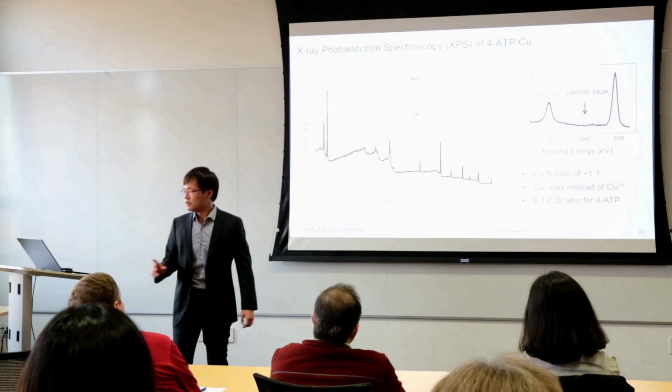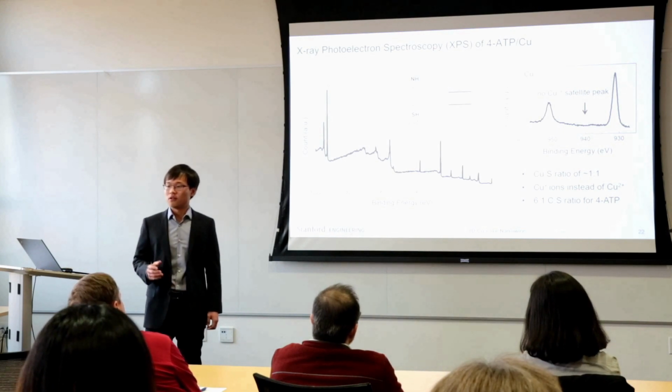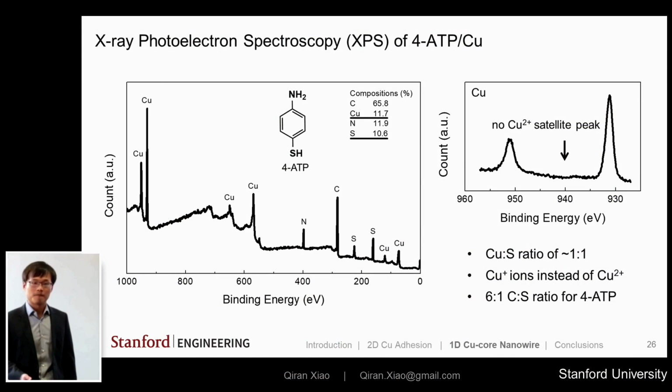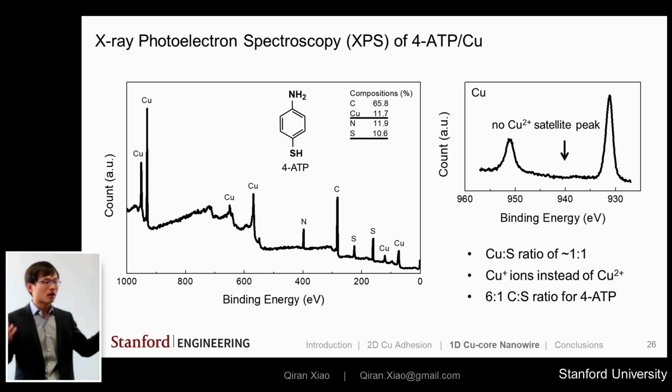I want you to note this approximately 1-to-1 copper-sulfur ratio in this material. This ratio is very important as it tells us, on average, when 4-ATP and copper react, or 3,5-DBT and copper react, one 4-ATP will bind with one copper atom.